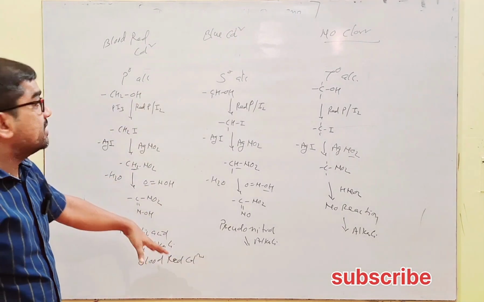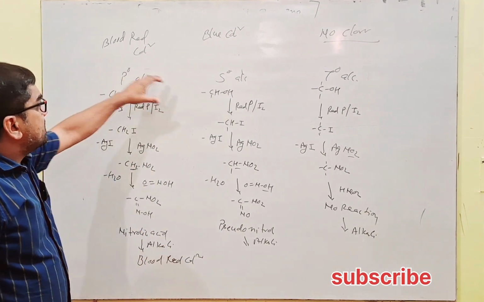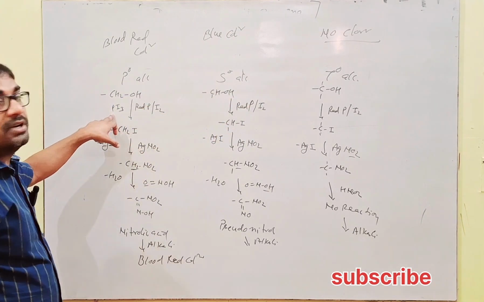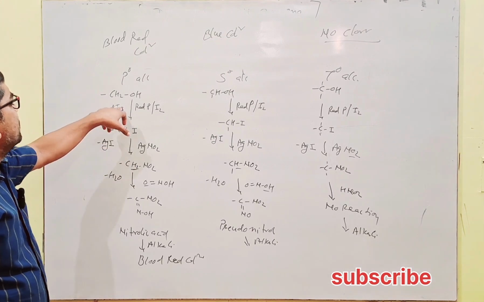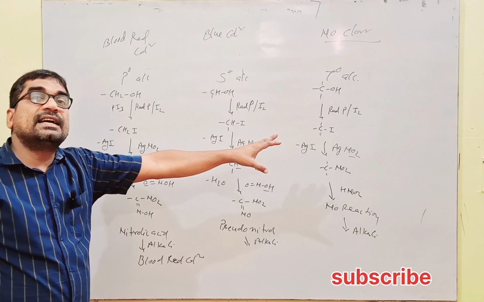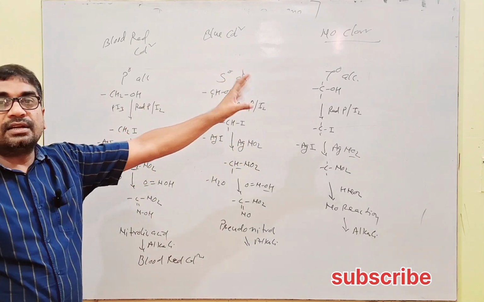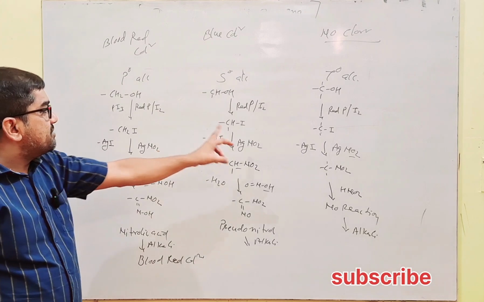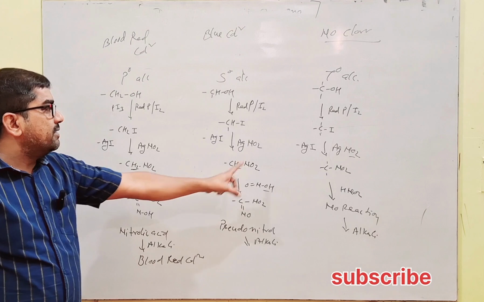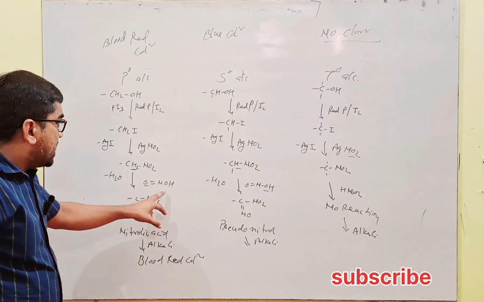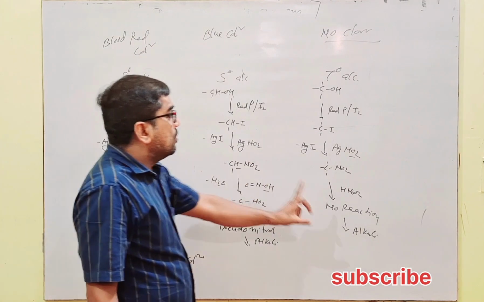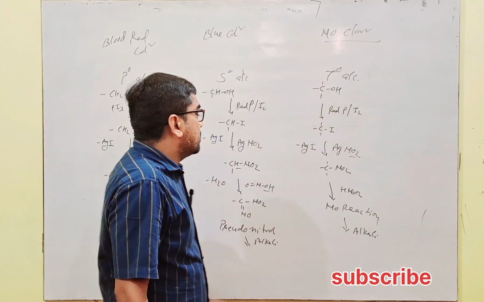I repeat the Victor Meyer test. Here primary, secondary and tertiary in all the test tubes, first red phosphorus and I2 make in situ prepared PI3, phosphorus triiodide, that reacts with alcohol and gives CH2I, CHI and CI respectively in primary, secondary and tertiary alcohols. Now when silver nitrite AgNO2 is added, the iodide is replaced and nitro derivatives are obtained. When nitrous acid is added, then nitrolic acid, pseudonitrole, and no reaction in tertiary alcohols.